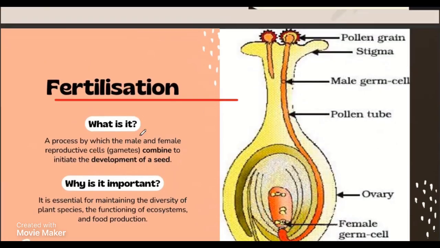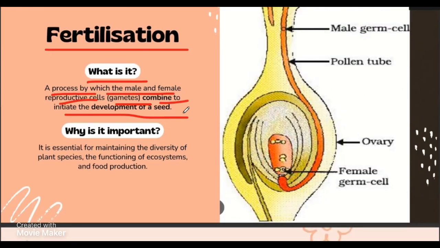What is fertilization? We all know that seed is formed from ovule, and ovule is present in the ovary. It means the fertilization process takes place in the ovary. We know that ovule is the female gamete, and pollen grains are the male gamete.